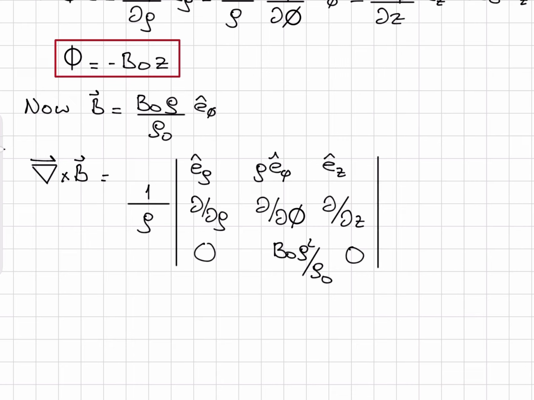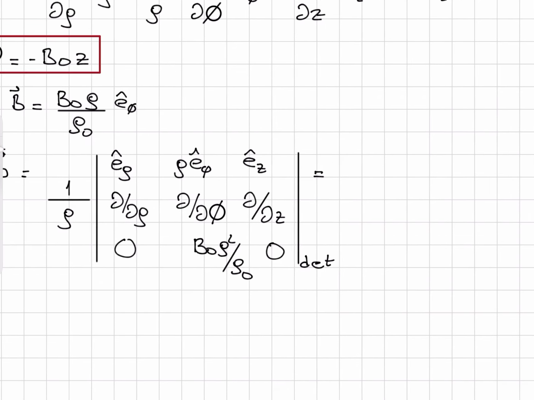So this determinant is what I need. Now, looking at the first term, the e rho hat term, the phi derivative of 0 is 0, the z derivative of this is 0, so no contribution from e rho hat.